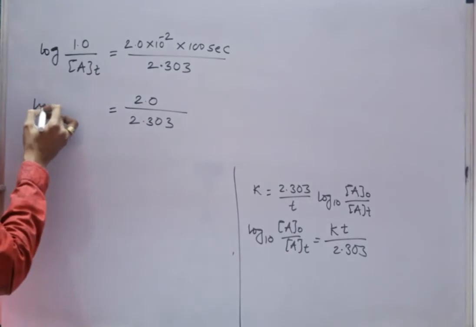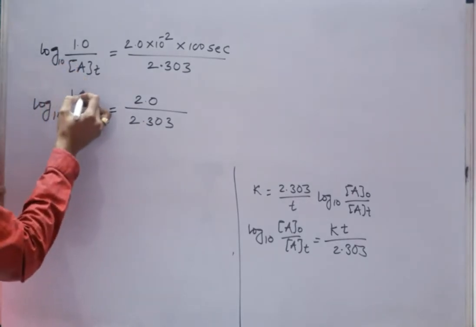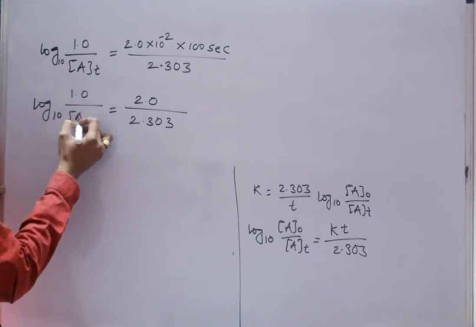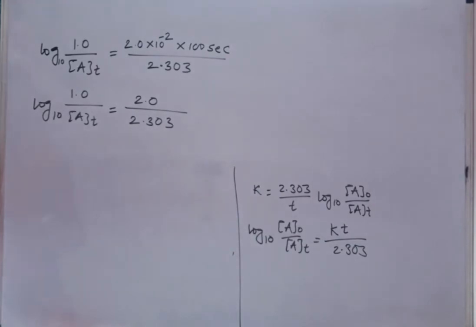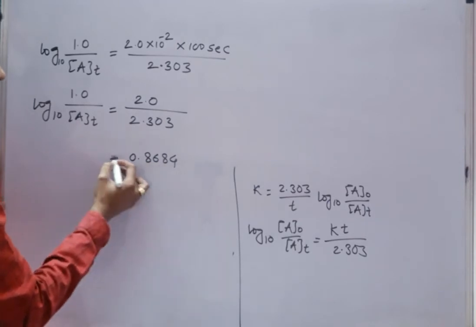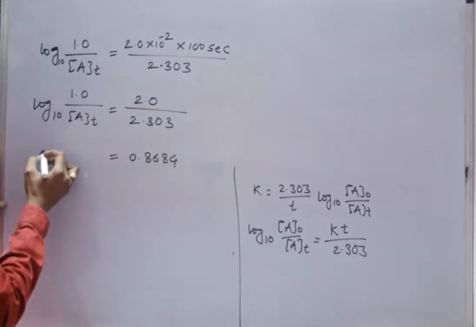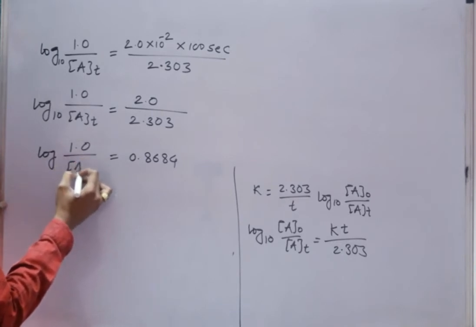You have to calculate the ratio of this. Okay, so it comes out to be 0.8684. If you calculate this ratio, you will get this log of 1.0 upon A t.